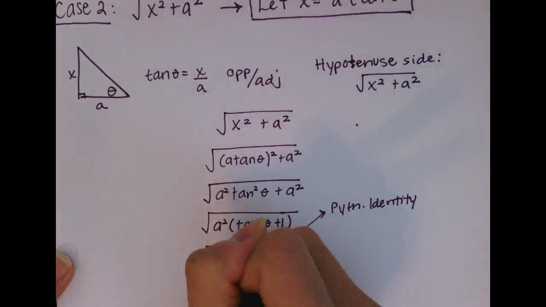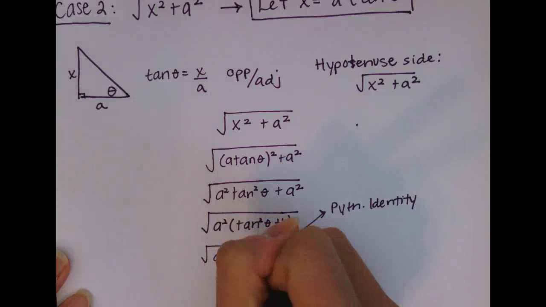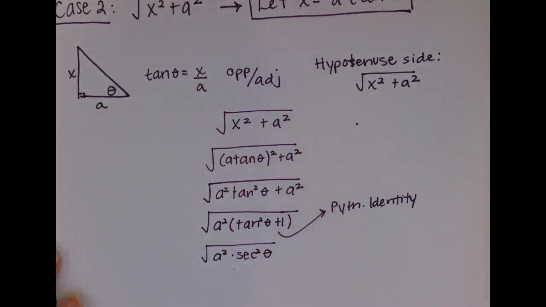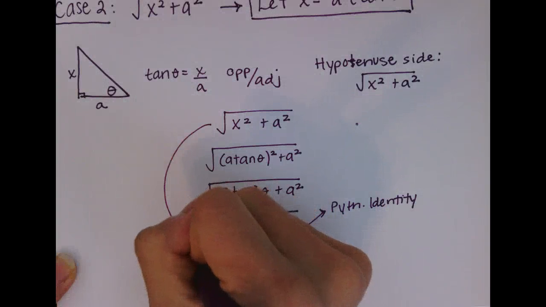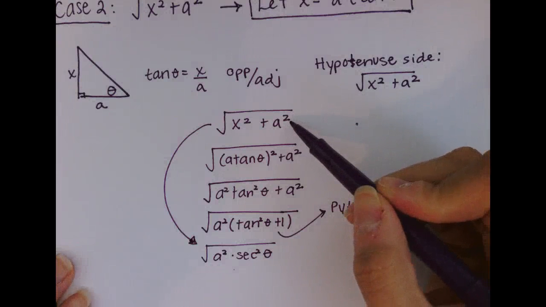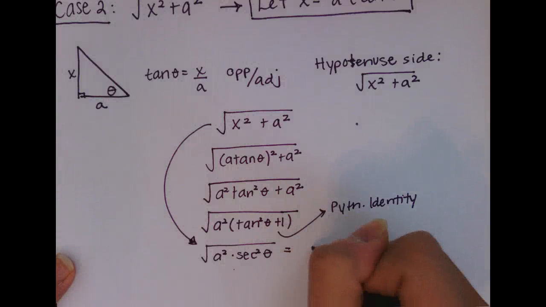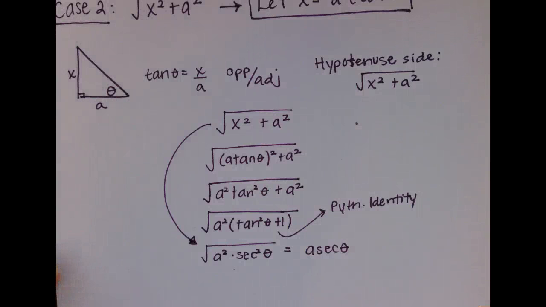Remember that the Pythagorean identity here says that tan squared plus 1 is equivalent to secant squared theta. So we have now shown that rather than writing the square root of x squared plus a squared, we can substitute that with this expression, which, if simplified, becomes a times the secant of theta.